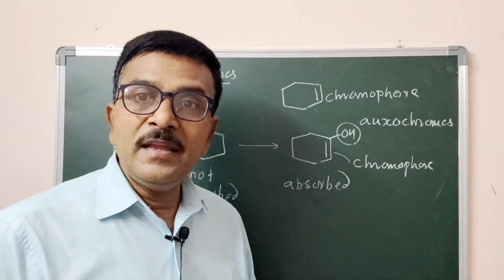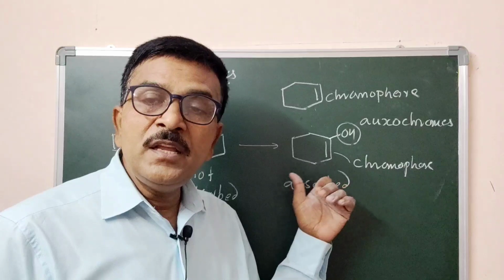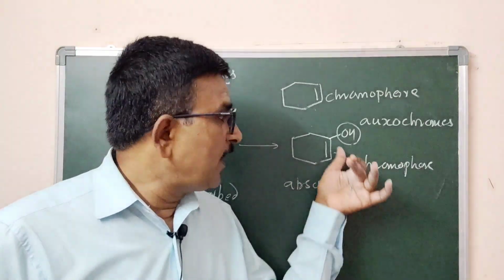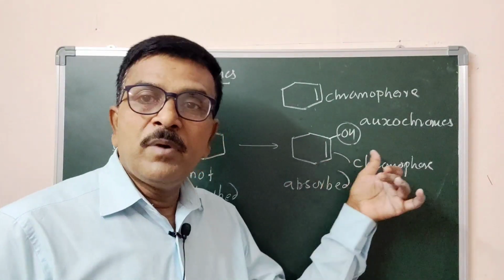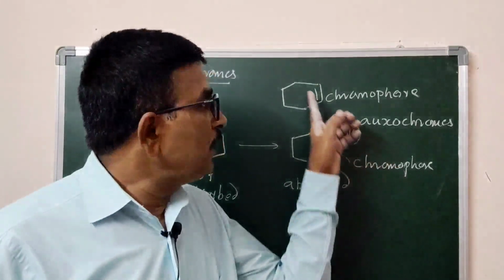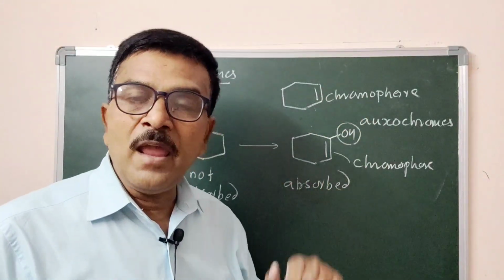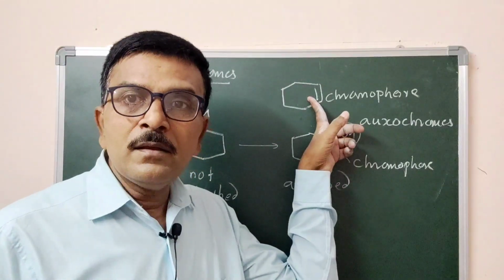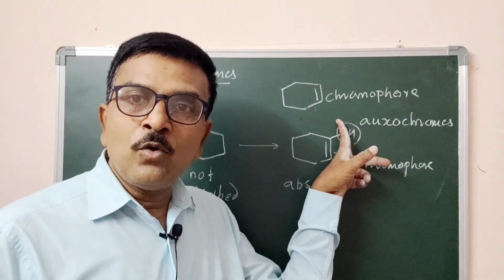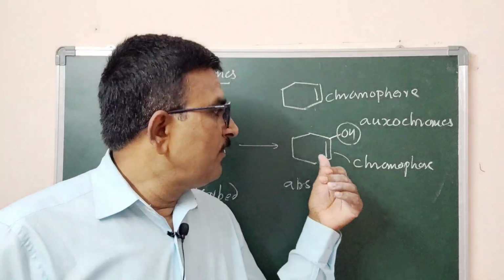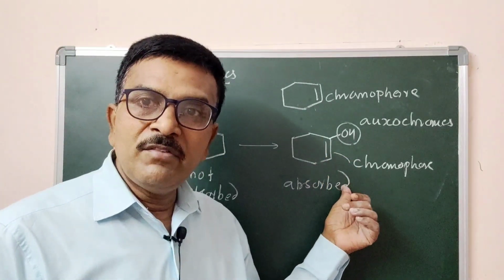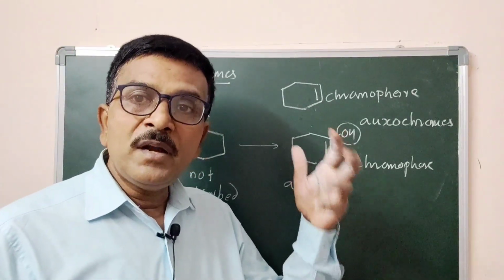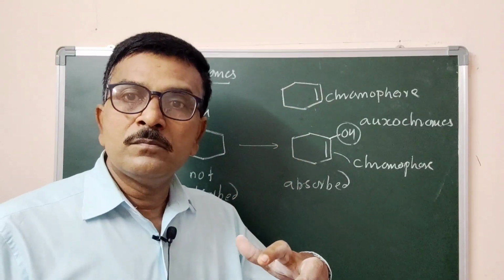What happens here? The absorption is improved for a chromophore by the auxochrome. In both cases the chromophore is the same, but in the first example, cyclohexene, the absorption by this chromophore is less, whereas in this case, however the chromophore is the same, it is more absorbed.